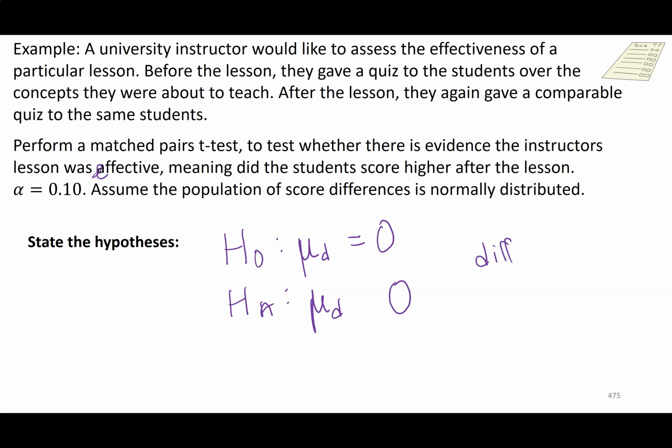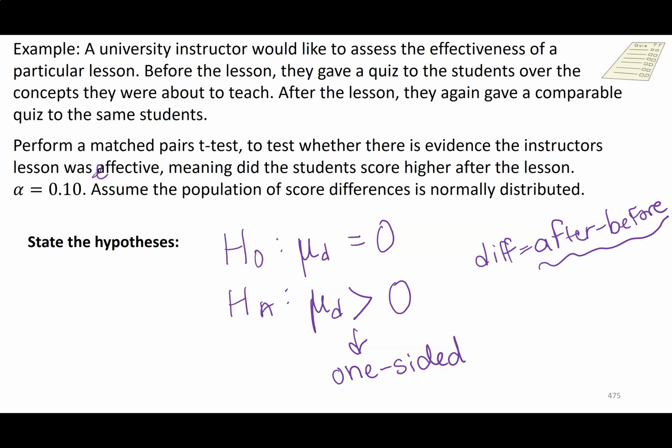The difference, oops, it's after minus before. So we want positive numbers. If we see positive numbers here, that means they improved. So the alternative is higher than 0. So this is going to be a one-sided test. That means that once I get my t statistic and find my one-sided p-value, then I'm done. I don't need to multiply by 2.